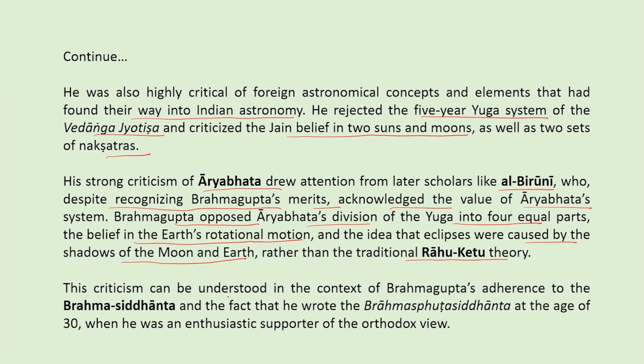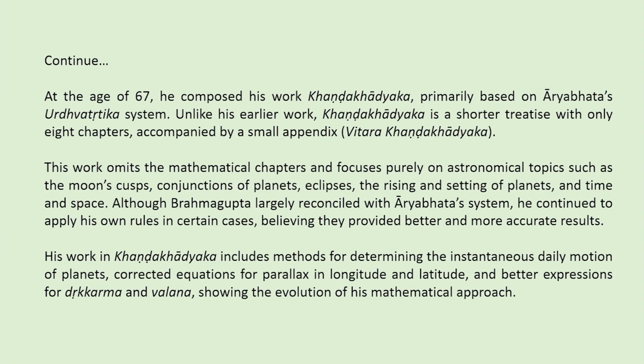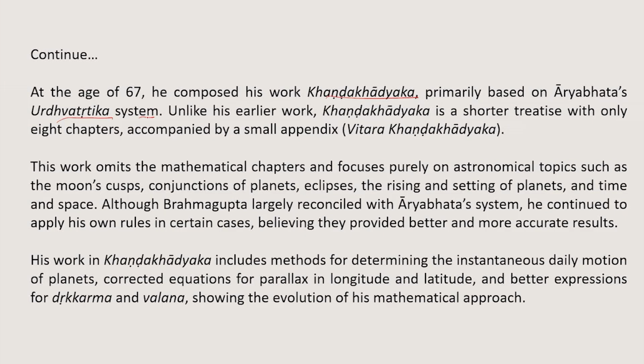This criticism can be understood in the context of Brahmagupta's adherence to the Brahma Siddhanta and the fact that he wrote the Brahmasphuta Siddhanta at the age of 30 when he was an enthusiastic supporter of the orthodox view. At the age of 67, he composed his work Khandak Khadyam, primarily based on the Urdhvatric system.